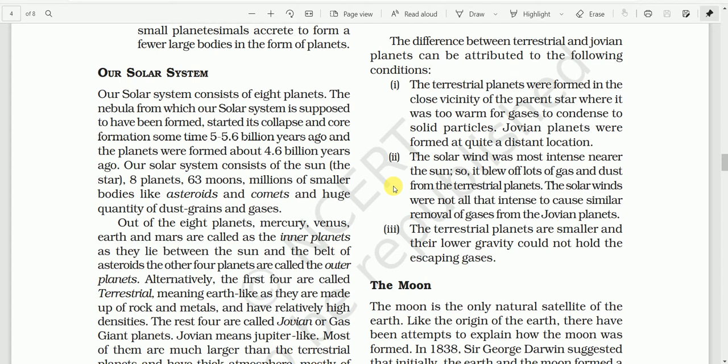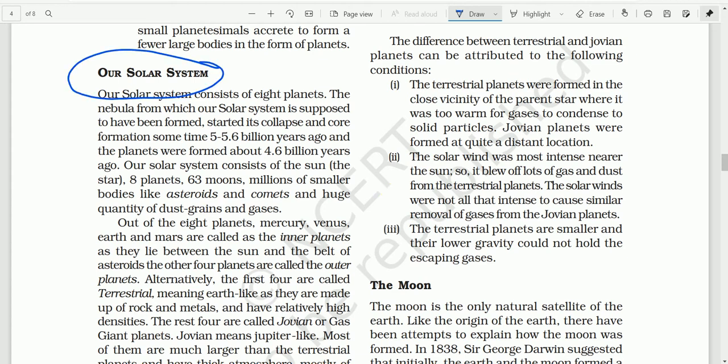Okay, good. Then before we start discussion about the evolution of the Earth's interior, let us revise our solar system. I think you are very much familiar with it because you have learned it in the lower classes also.